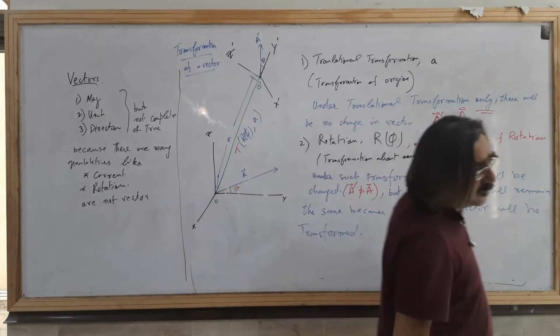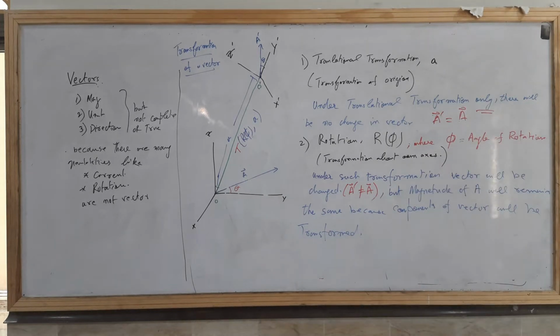The components of the vector will be transformed in such a way that the magnitude of the vector will remain the same.